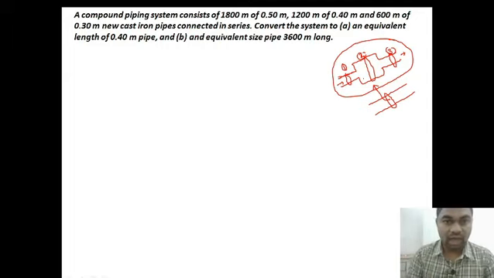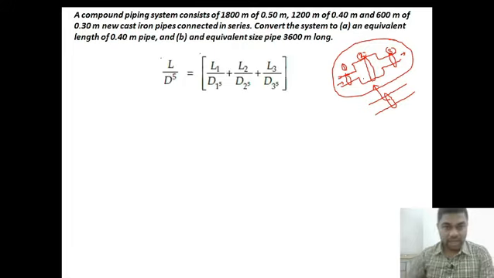What is the formula for this equivalent pipe? What is the relationship between length and diameter of the equivalent pipe versus the compound pipes? It is L by D to the power of 5, for the equivalent pipe, which is equal to L1 by D1 whole to the power of 5 plus L2 by D2 whole to the power of 5 plus L3 by D3 whole to the power of 5.